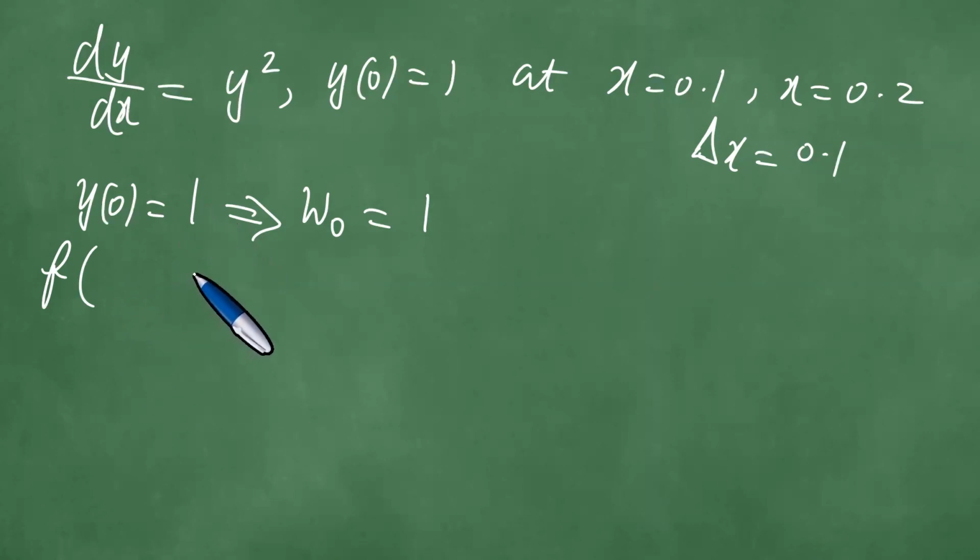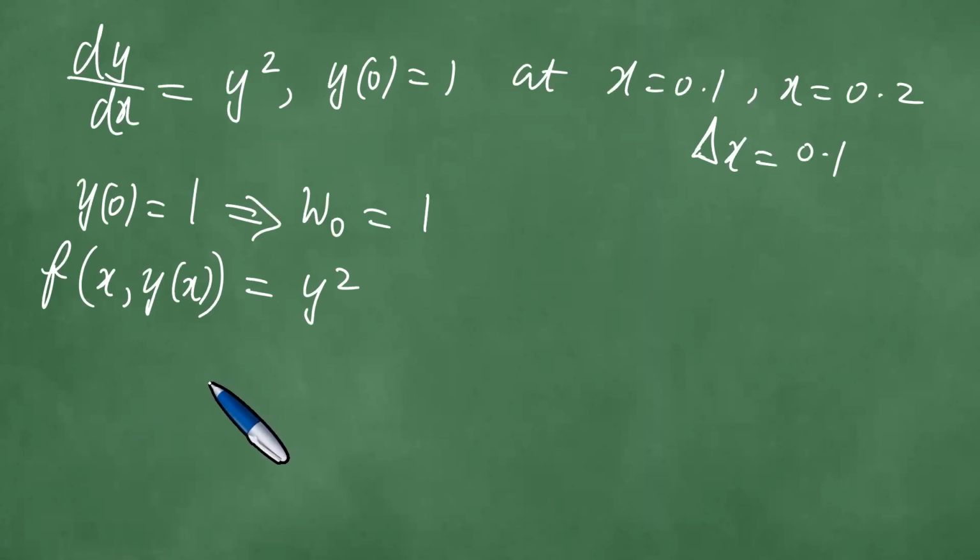This is a function of how many variables? y is a function of x, that is why it's dy/dx. So we can write f(x, y). We can even write y of x, because y depends on x. That's why we are differentiating y with respect to x. With that said, this can be written in the f notation. Nothing strange there.